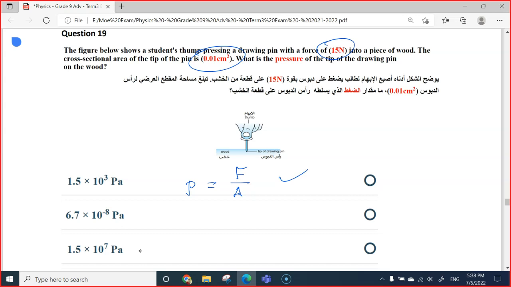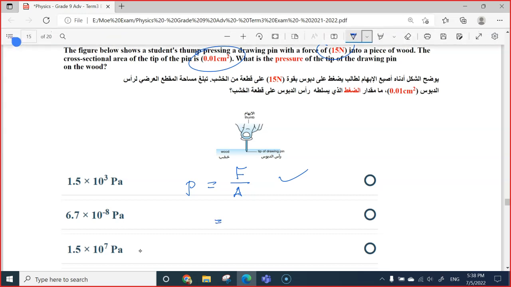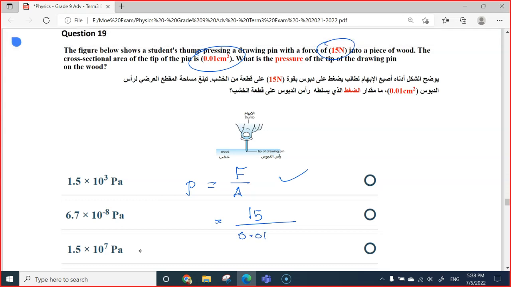So pressure is force over area. Here force the boy is applying is 15 Newton. So 15 divided by area, which is 0.01 centimeter squared. Centimeter squared is not the SI unit of area. SI unit of area is meter squared. So we need to change centimeter squared to meter squared. To change centimeter squared to meter squared, you need to multiply by 10 to the power negative 4.